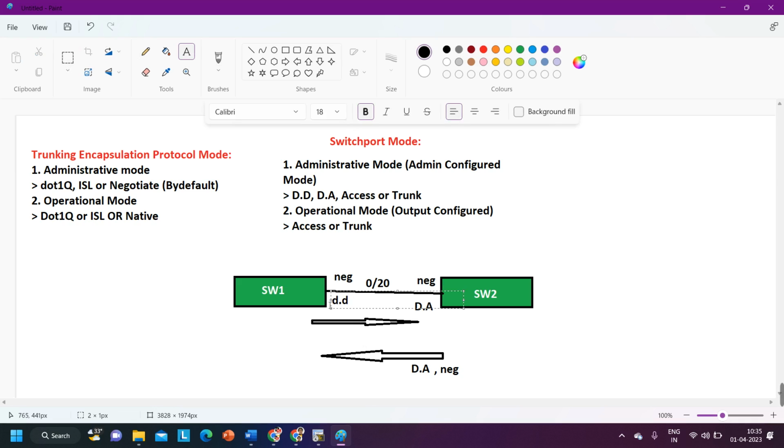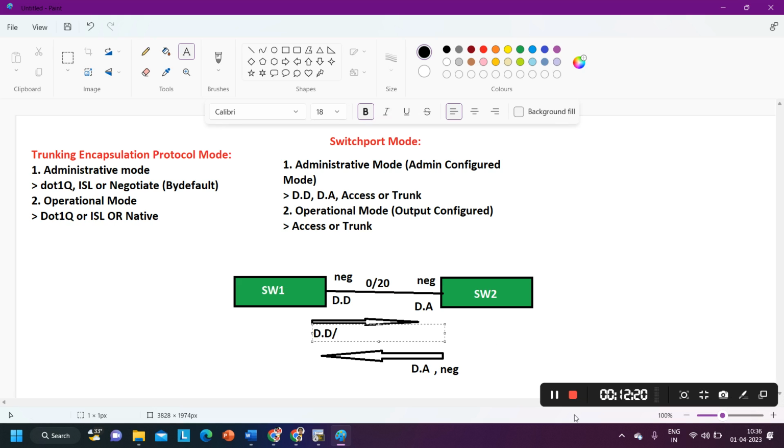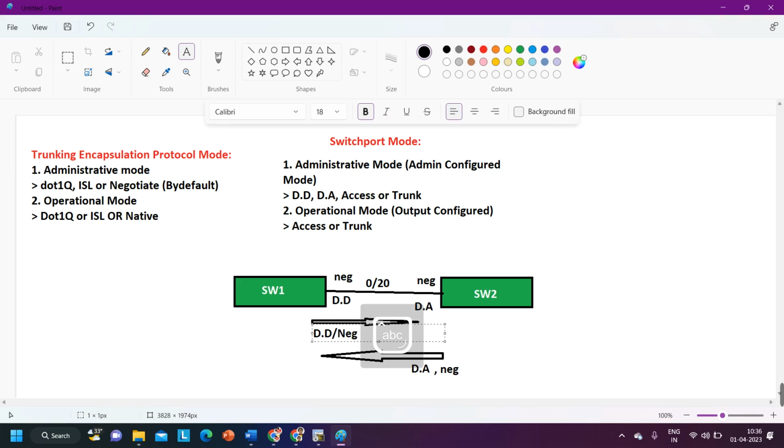It will send its administrative mode, which is dynamic desirable, and the encapsulation protocol mode will again be negotiate. Yes or no? So on Cisco devices it will negotiate their proprietary protocol, that is ISL.